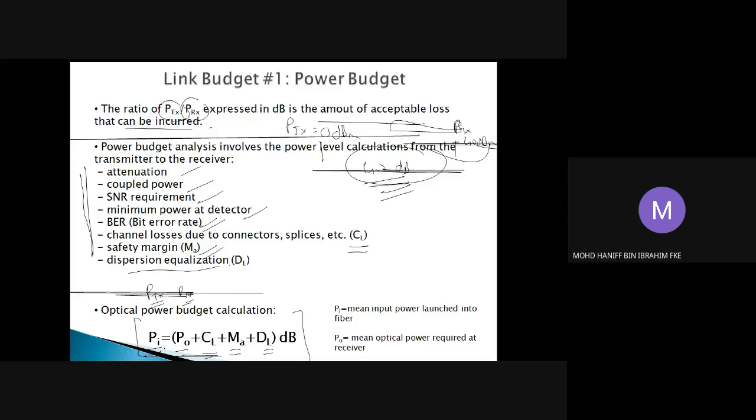That is the minimum requirement to ensure proper optical system design. I hope that you are very clear about this explanation on the power budget analysis.